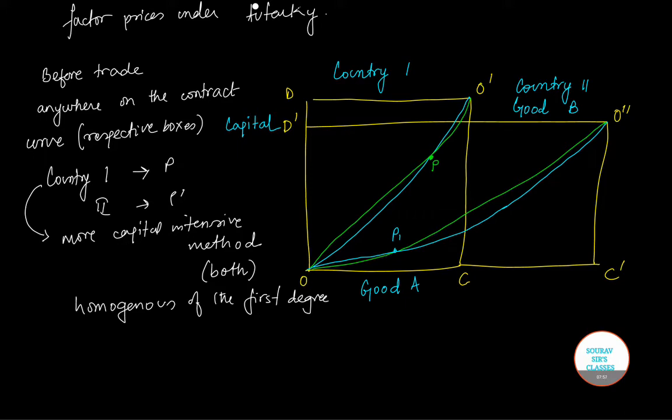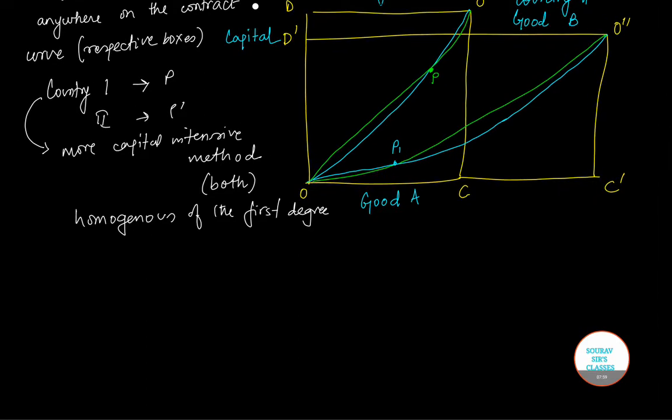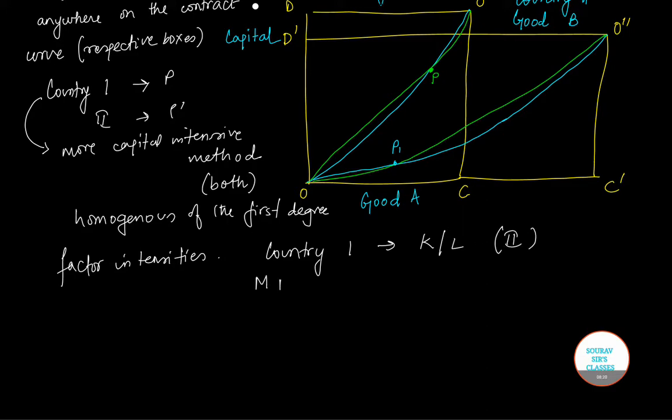Now we know that the marginal productivities are determined exclusively by factor intensities that are used in production. So because country 1, as it can be seen from the diagram, uses more capital per unit of labor than country 2, the marginal productivity of capital at the point P in country 1 will be lower than the marginal product of capital at point P dash in country 2.